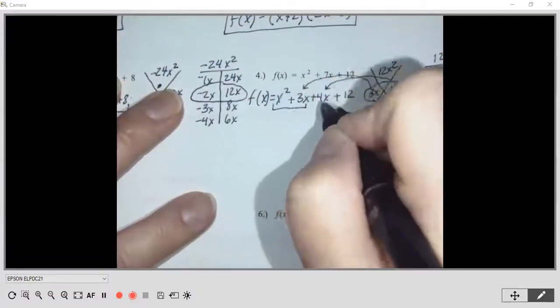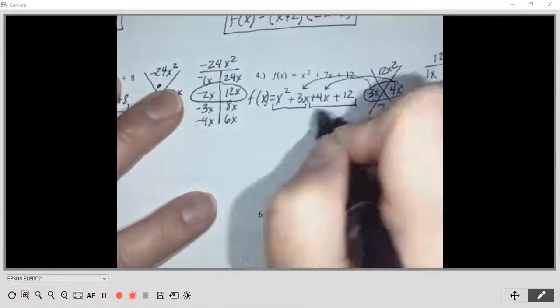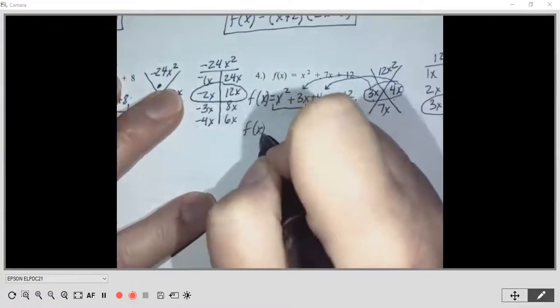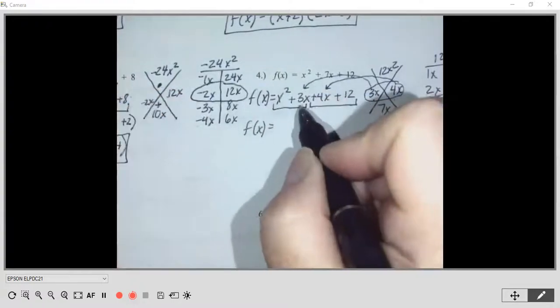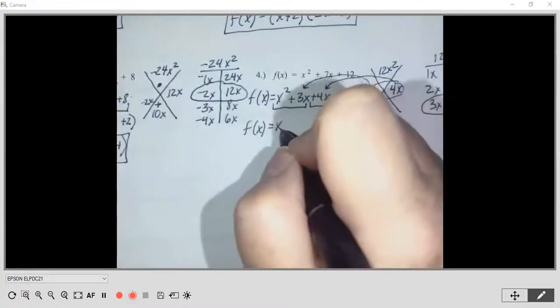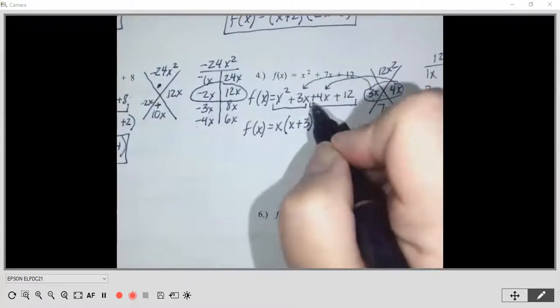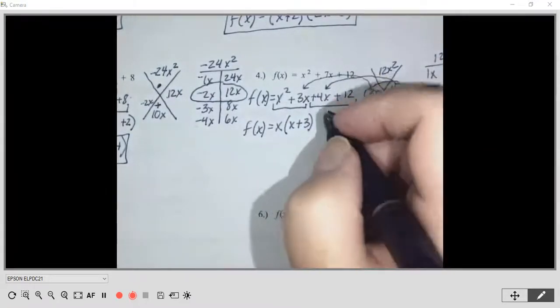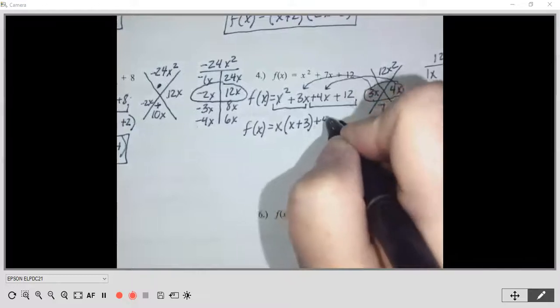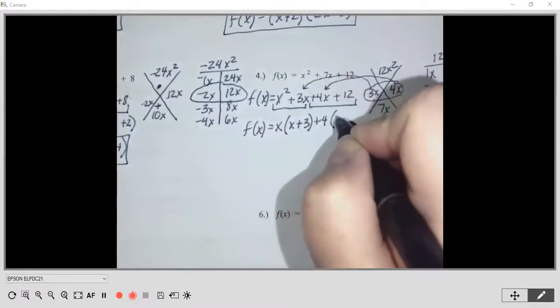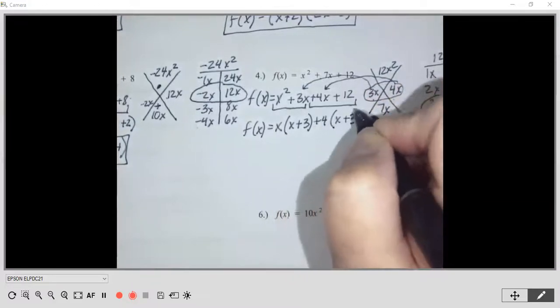Here's my first group, here's my second group. x squared and 3x have a GCF of x, which leaves us with x plus 3. Then I go into my second group, 4x plus 12. They have a GCF of 4, so I'll factor out a 4, which leaves me with x plus 3.